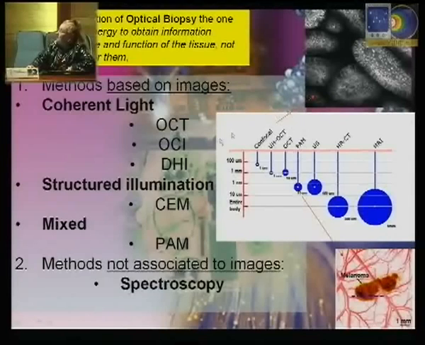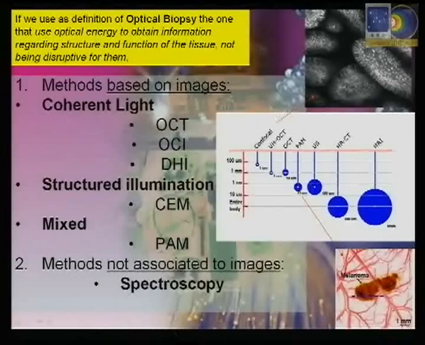In fact, there are two big groups, the ones based on image, which are related to pathology, and the ones not associated with images, which are not related to pathology in Spain and in some of the European countries.